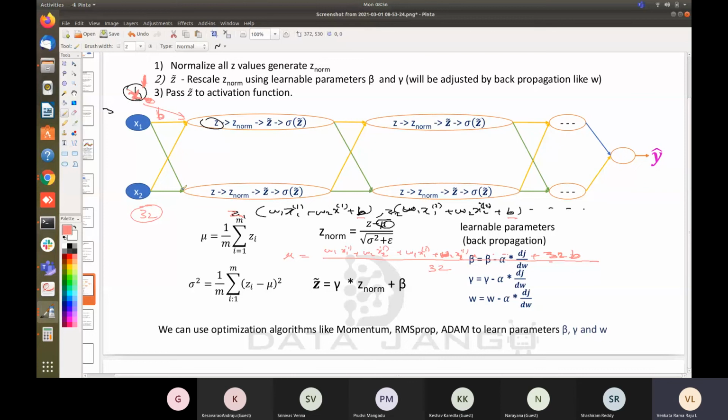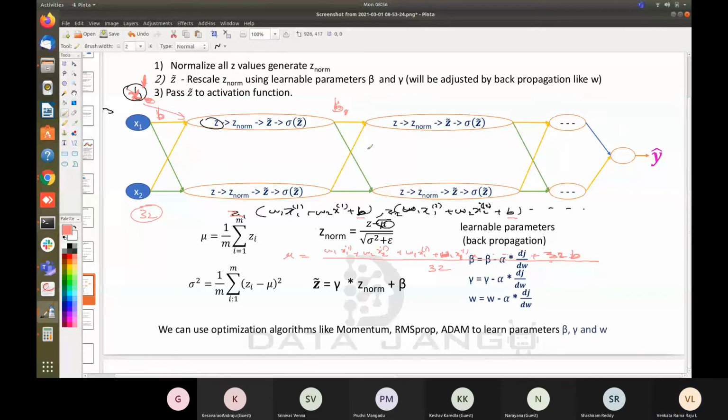For a batch, for one neuron, all the weights will be the same, and B is also the same. If it goes to the other neuron, then the weights will change.